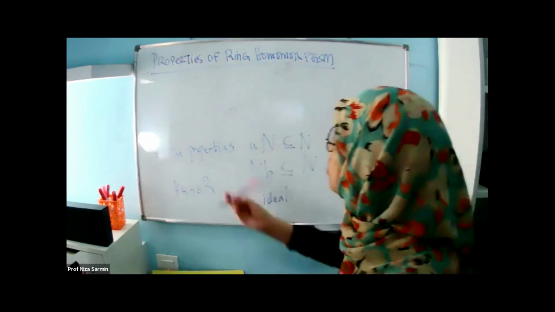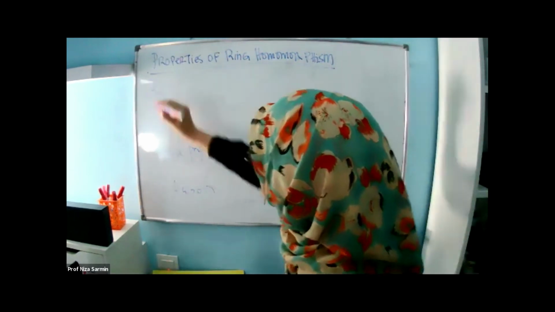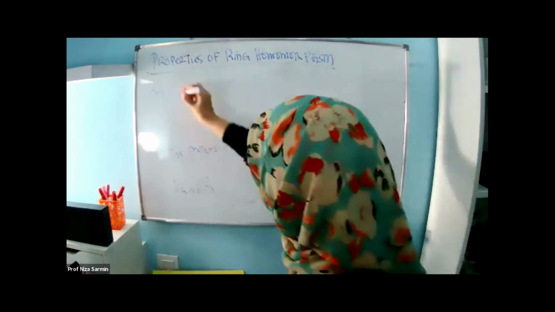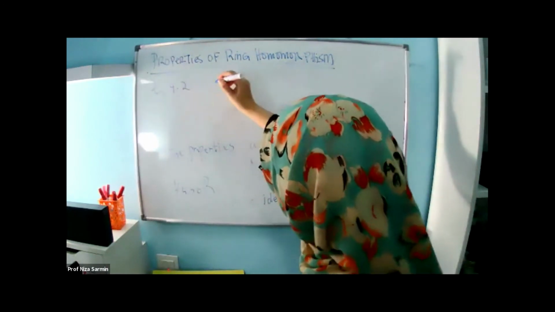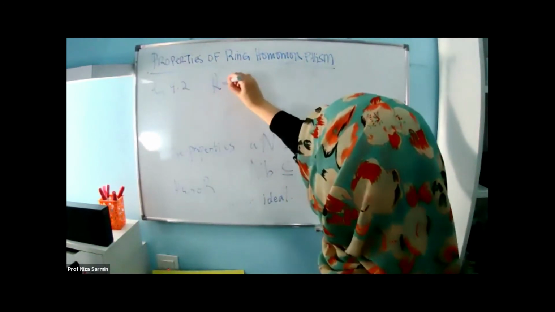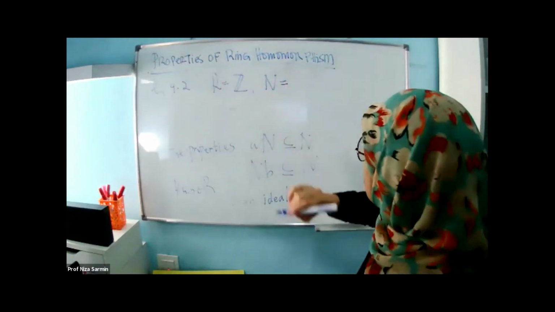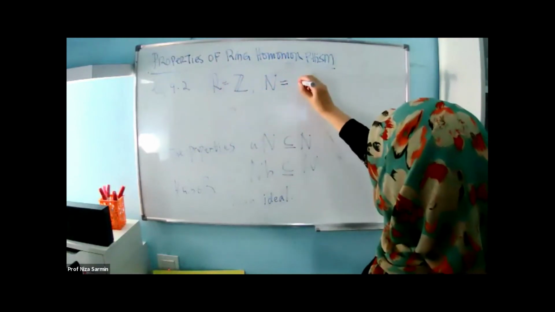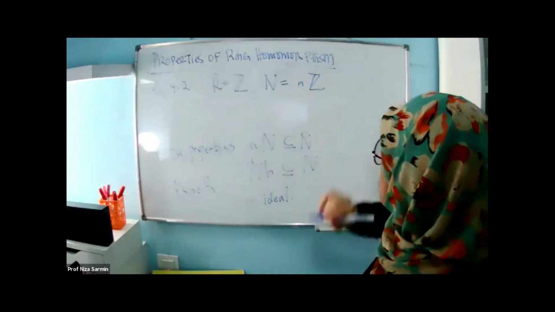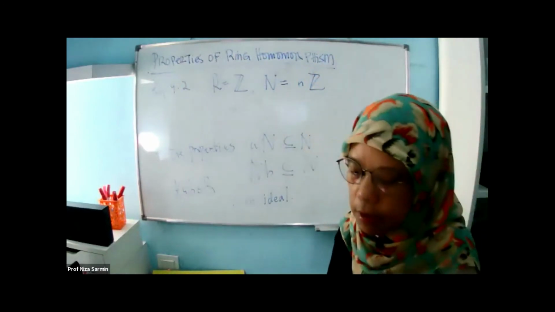Example 9.2. My R is Z and my N is a subring, which I call nZ.